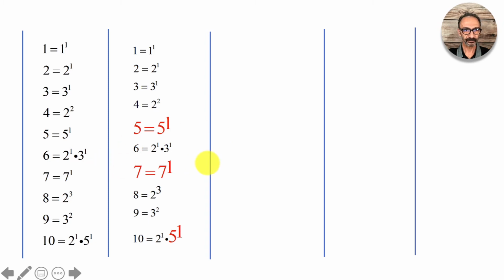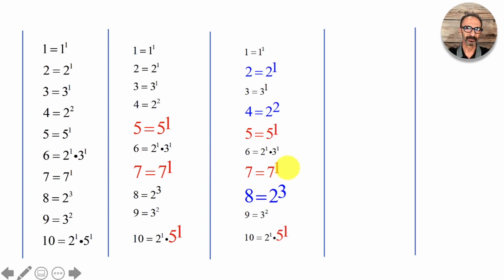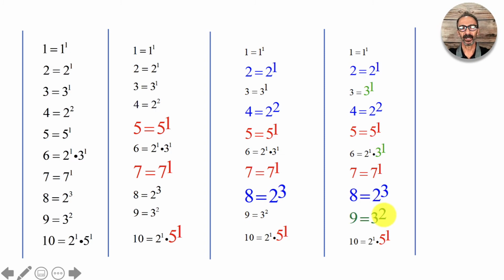Now, let's look at the 2's. Well, if it divides by 2 and it divides by 4 and it divides by 8, differently speaking, it divides by 2 to the first and it divides by 2 to the second and it divides by 2 to the third. Well, I think this will take care of all of them. That will handle it all. Now, putting everything together, I see that the 2's in blue, the 5's are needed for sure, the 7 is needed.